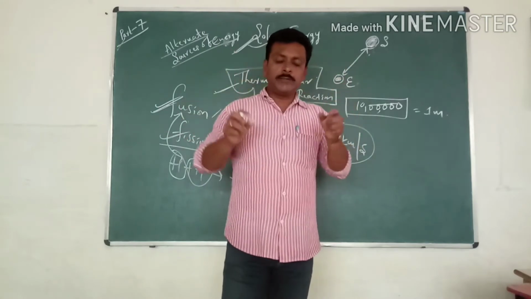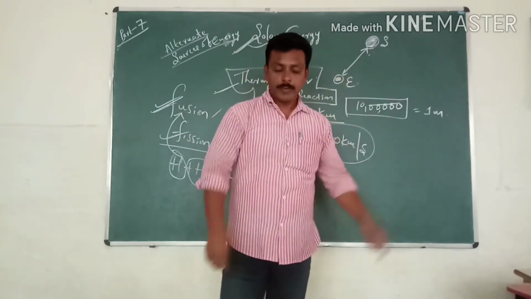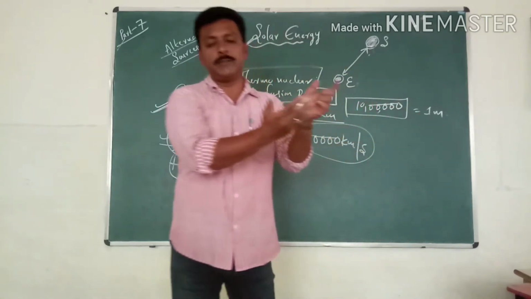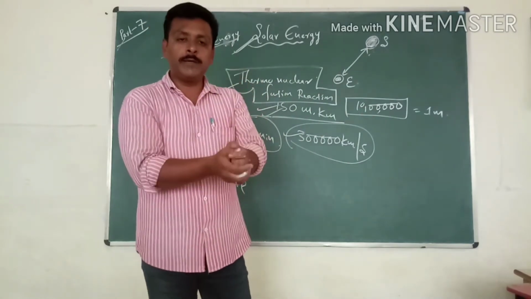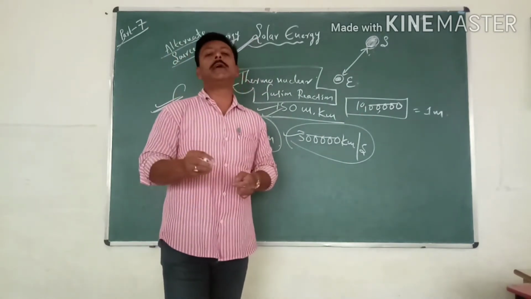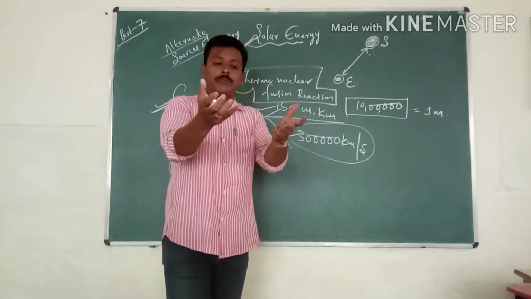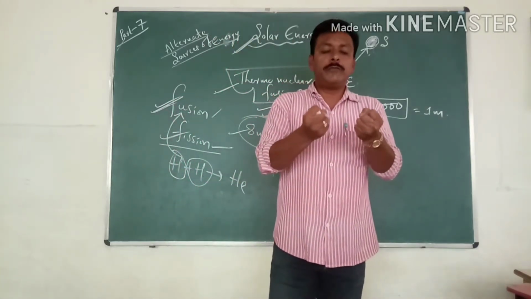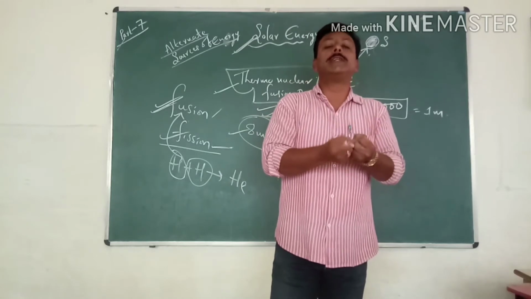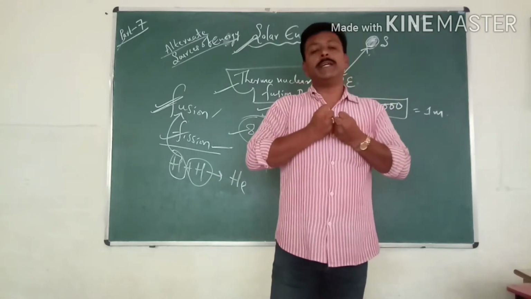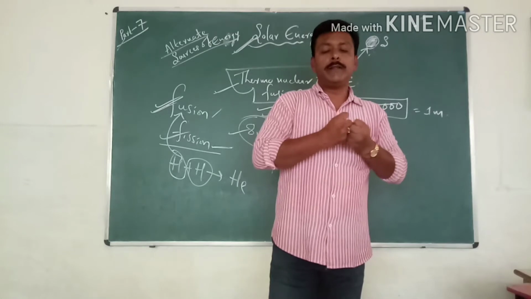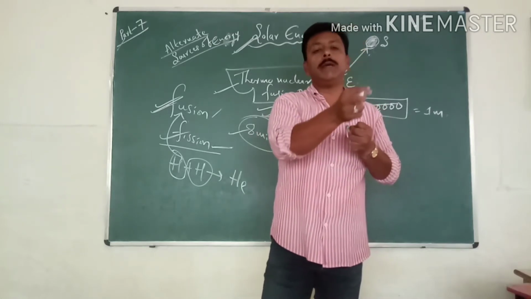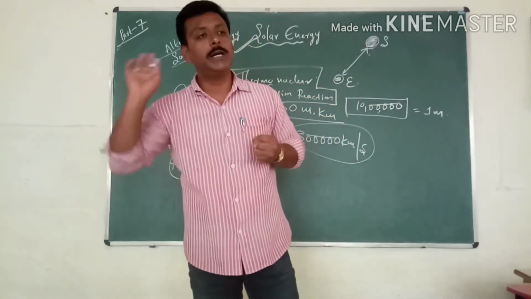So when it enters the atmosphere, of the part of energy that is moving towards the earth, the majority is absorbed by the atmosphere. More than 50 to 60% of the energy is absorbed by the atmosphere, and the remaining energy is able to reach the surface of the earth.